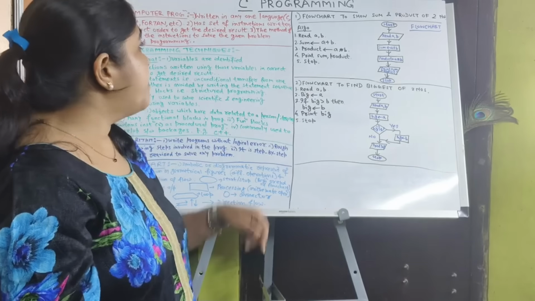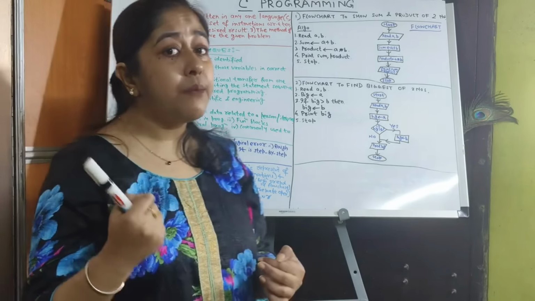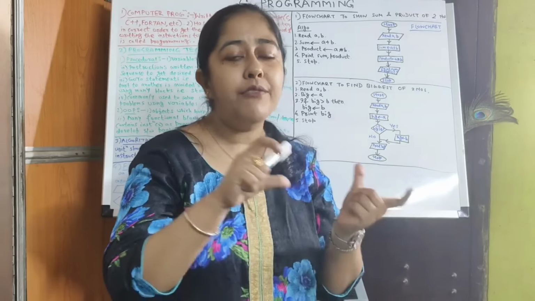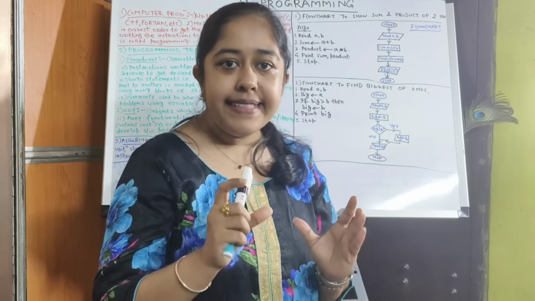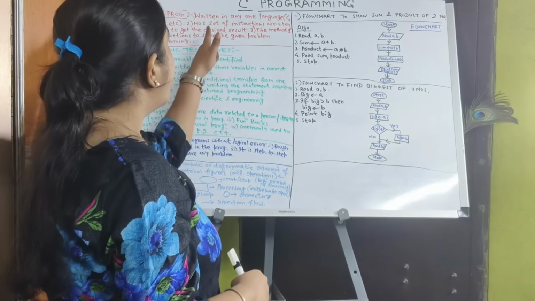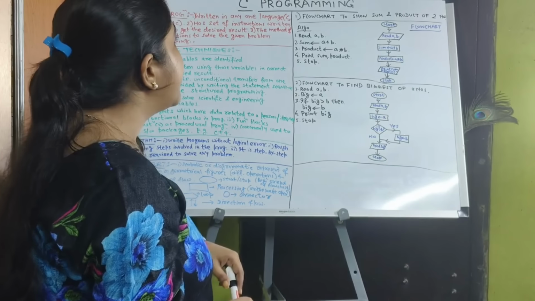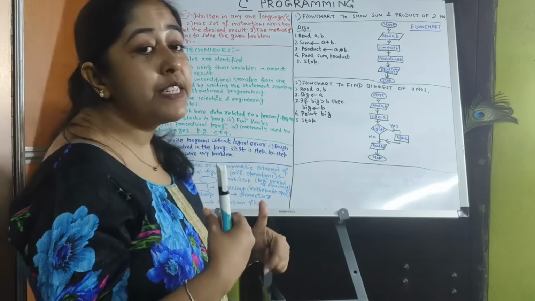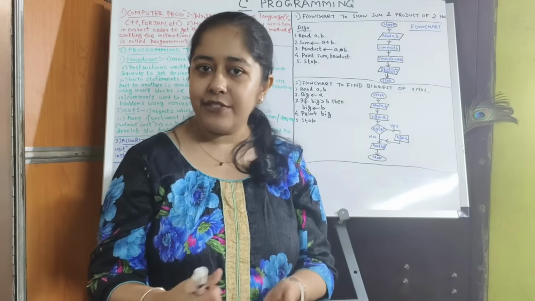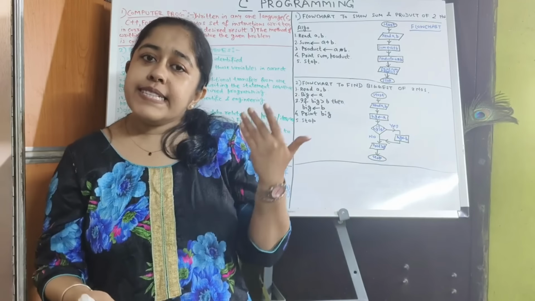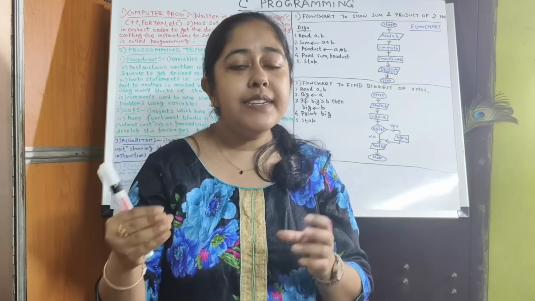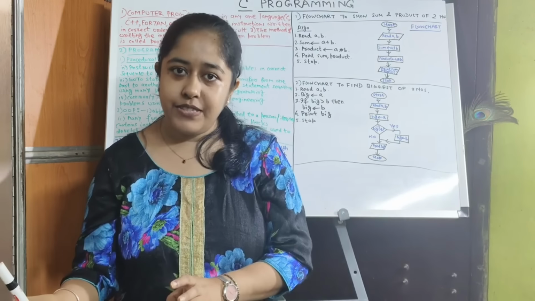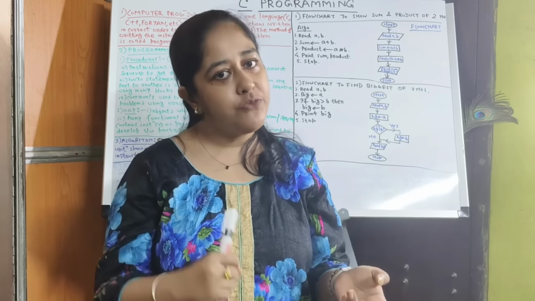Now, basically, what is a computer program? If you have to write a description of what a computer program is, then the definition will be: computer programs are written in any one language, C, C++, Fortran, etc. As I have already told you, computer programs are written in some kind of languages, not in the language which we talk.